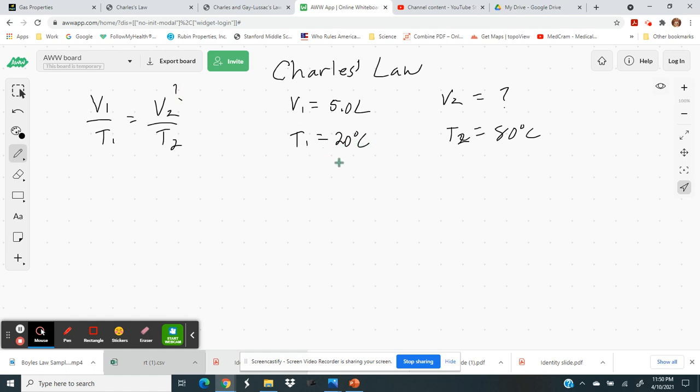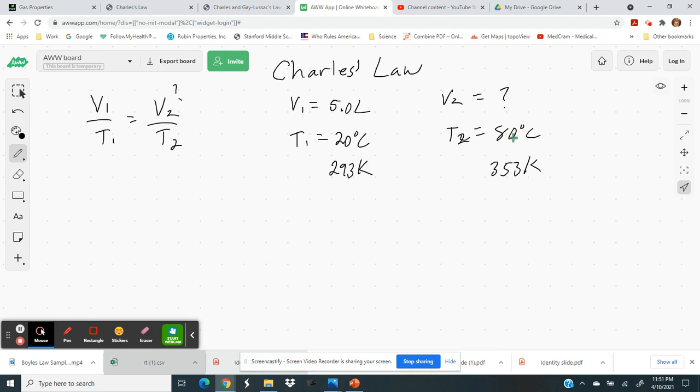Now remember I said that you needed to use the Kelvin temperature. And remember, to get from Celsius to Kelvin, all you do is add 273. So 20 degrees Celsius is going to be 293 Kelvin. 80 degrees Celsius is going to be 353 Kelvin.